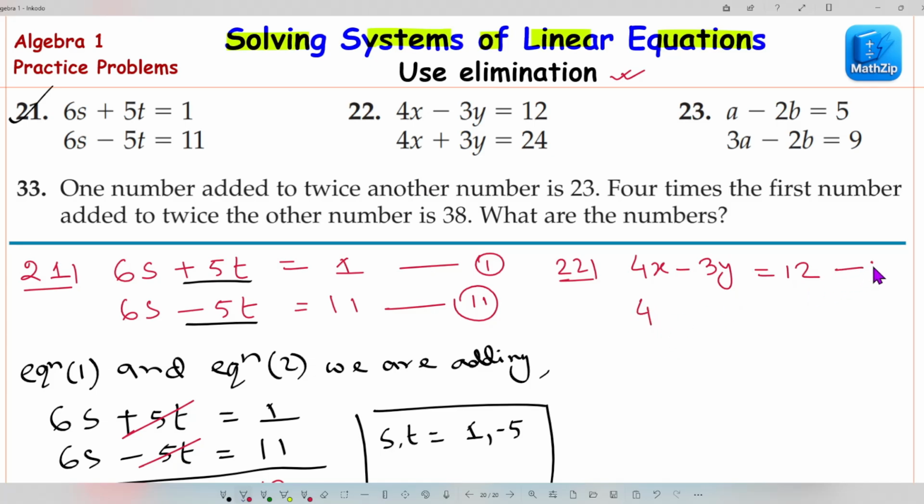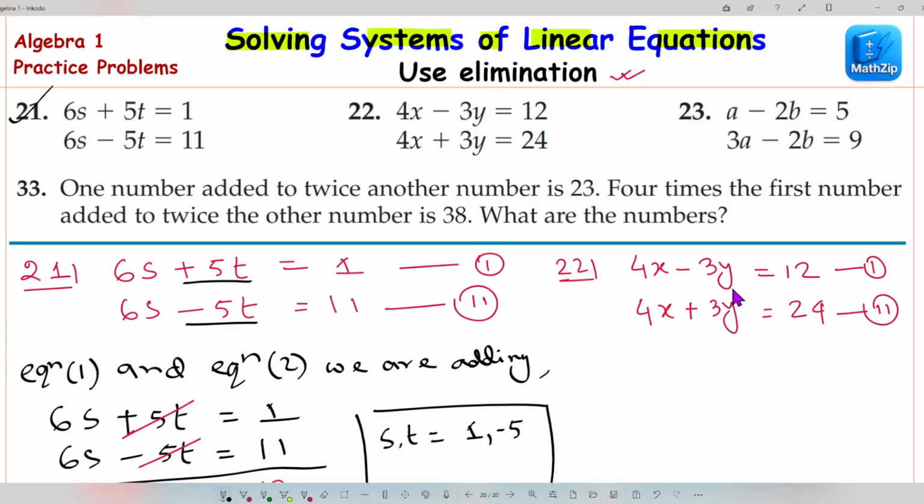This is equation 1. Again, 4x plus 3y equals 24. This is equation 2. Now we will analyze which coefficient is convenient to eliminate.